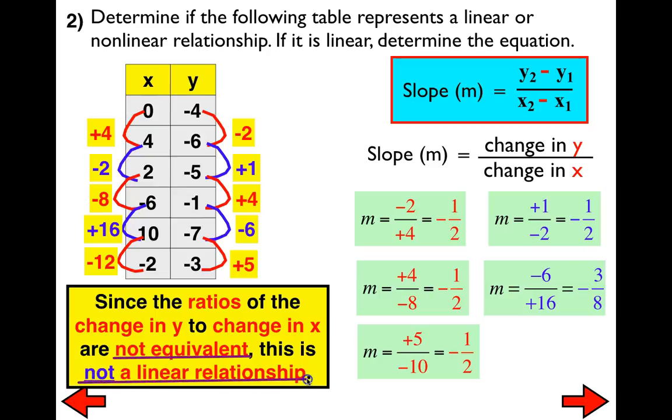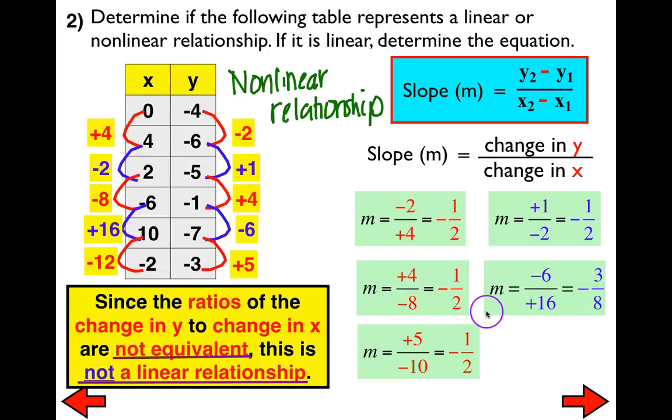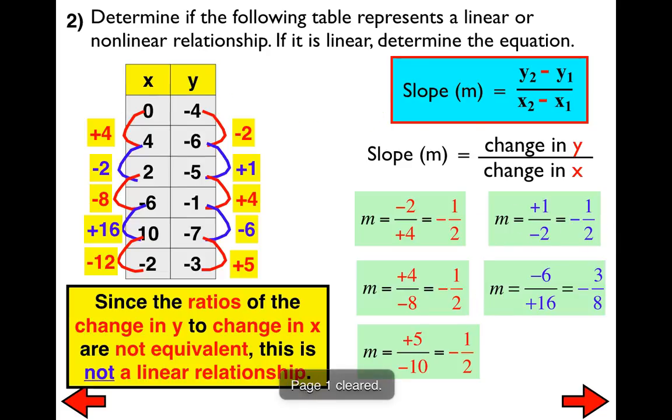In fact, I don't want you to say not a linear relationship. I want you to use the word non-linear. So let's write that somewhere here. We're going to refer to this as a non-linear relationship. Why, you might ask? Well, because the ratios are not equivalent.